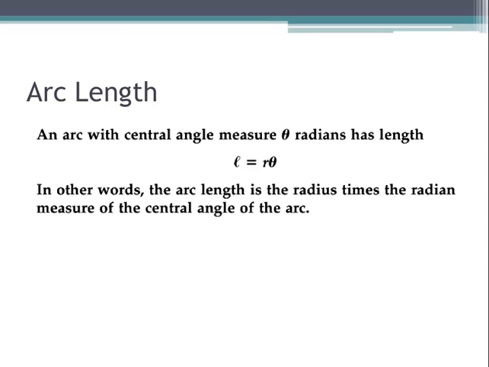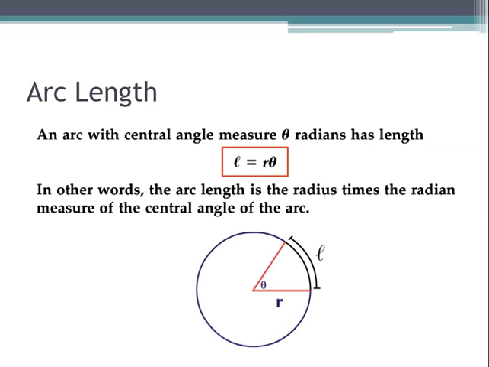Okay, so visually what that means, we've talked about arc length already a little bit before, but say you have an angle measure here and you have a radius of R that's given to you. To figure out what that arc length is, all you need to do is multiply the radius times theta, but note that this theta is in radians.